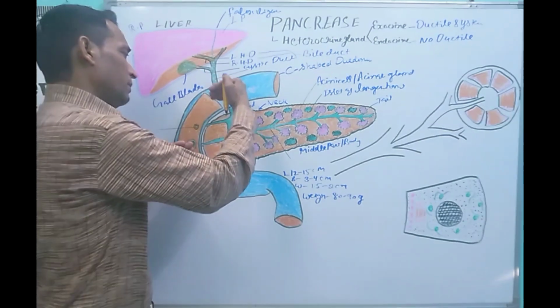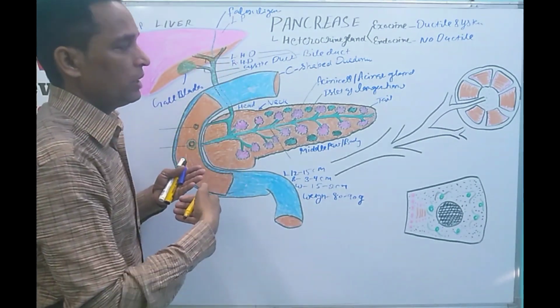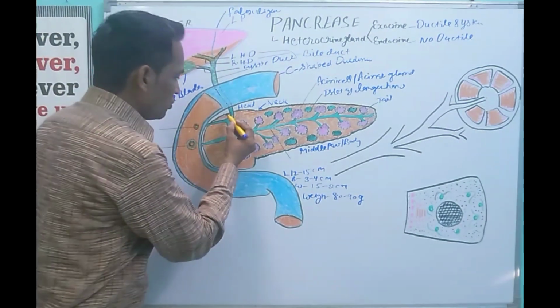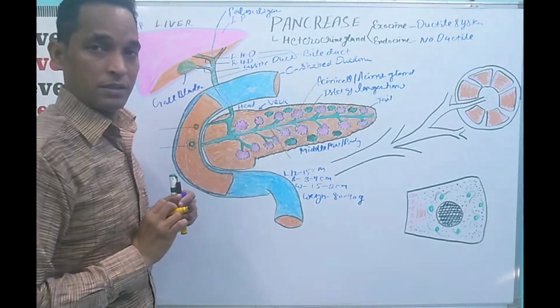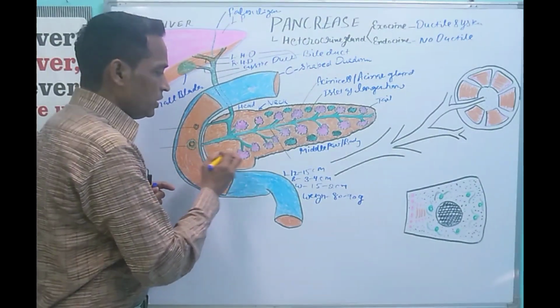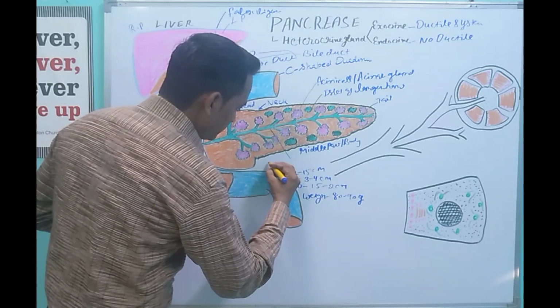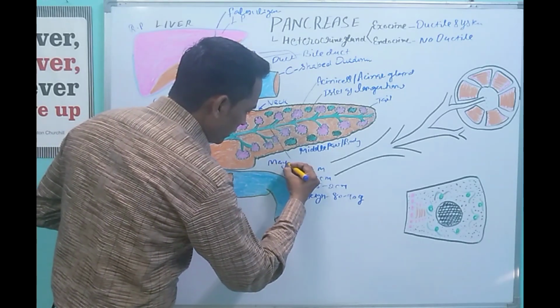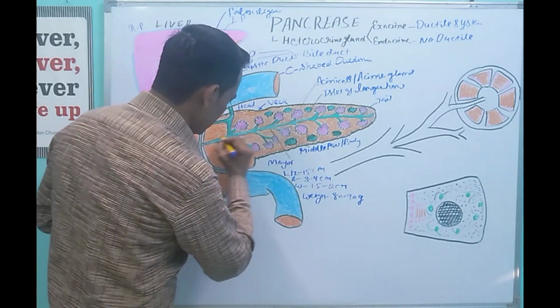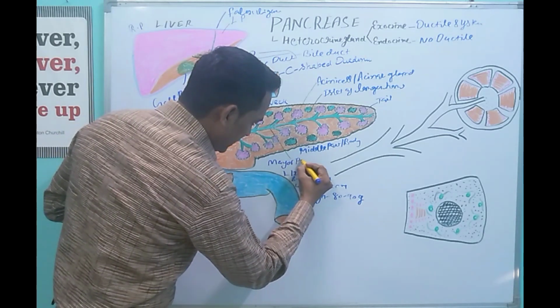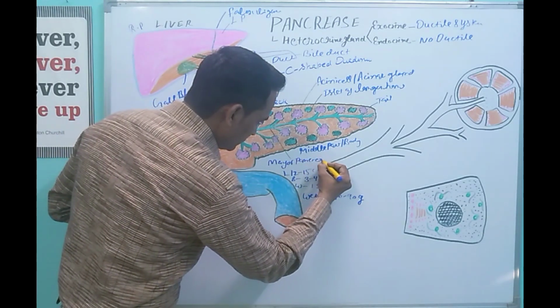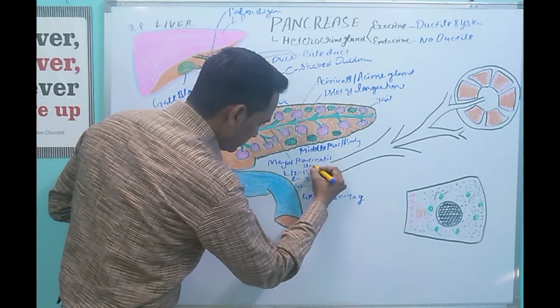The bile duct passes behind the C-shaped duodenum, associated with the pancreas, and opens into the major pancreatic duct.